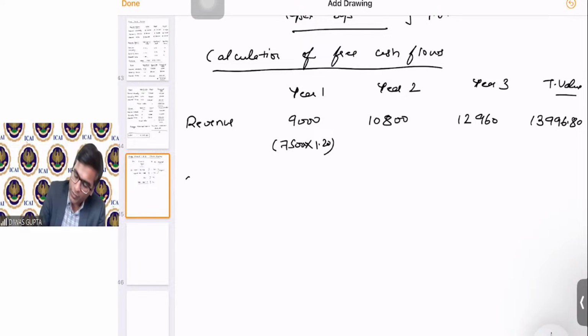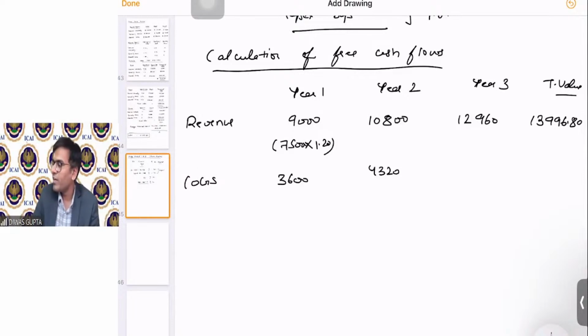Then let's come to COGS. Even COGS also will grow with the same. So current COGS is how much? I think 3,000. Yes. So 3,000 will grow to 3,600 in year 1. 3,600 will grow to 4,320 in year 2.